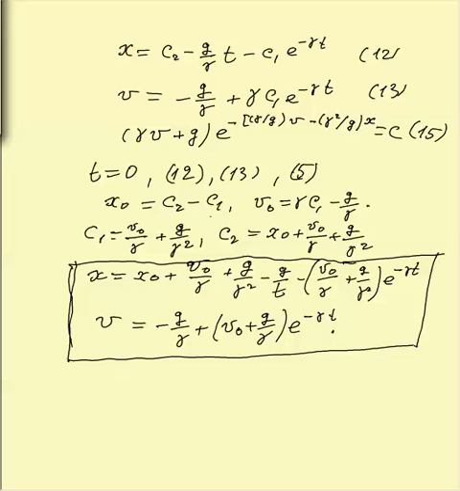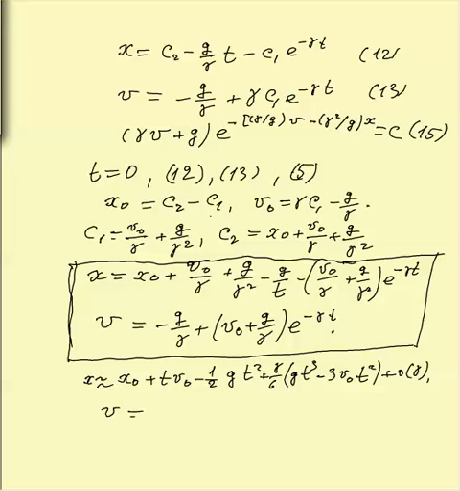We obtain the following: x approximately equals x0 plus t v0 minus 1/2 g t square plus gamma over 6 times (g t cube minus 3 v0 t square) plus a small term with respect to gamma, O small of gamma.